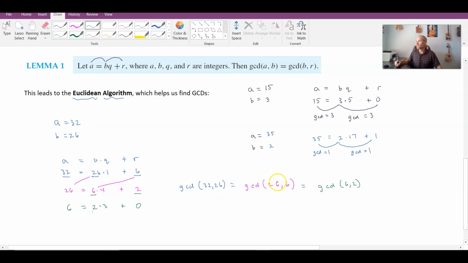And notice that the sizes of these numbers, A and B, is getting smaller and smaller. And now in my final statement here, I'll go ahead and look at these two values.